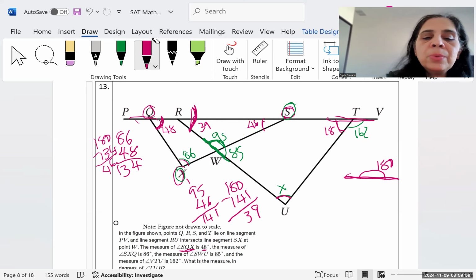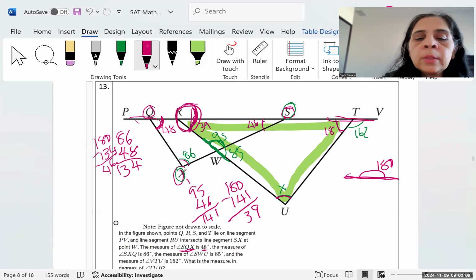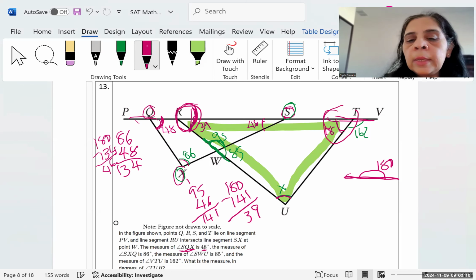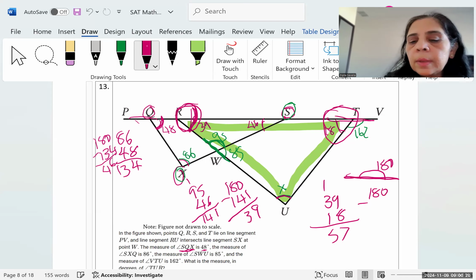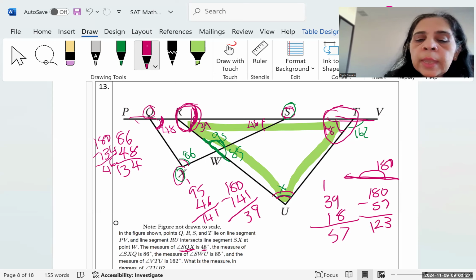Now we can use this big triangle. We have one angle here, 39, and here is 18. So 39 plus 18 is 57. Then we subtract from 180, which gives 123. So the angle we found is 123 degrees.